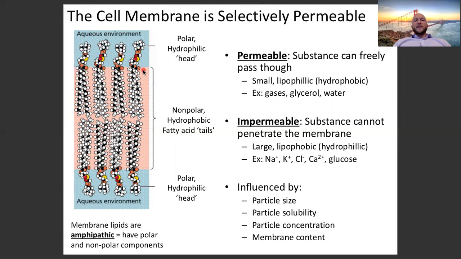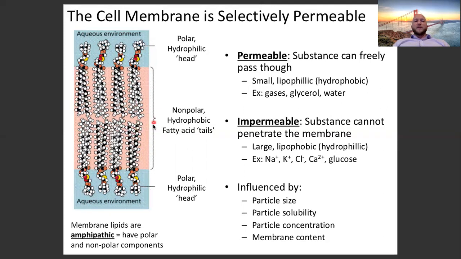It's then going to have a nonpolar lipid portion, a fatty acid tail. That fatty acid tail is nonpolar and hydrophobic. It's going to repel water. We're going to have that hydrophobic tail matched with the second phospholipid layer, where its hydrophobic tails are on the inside also.